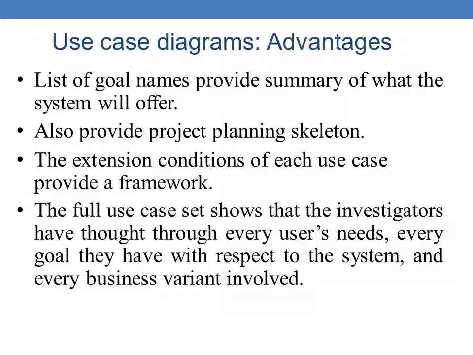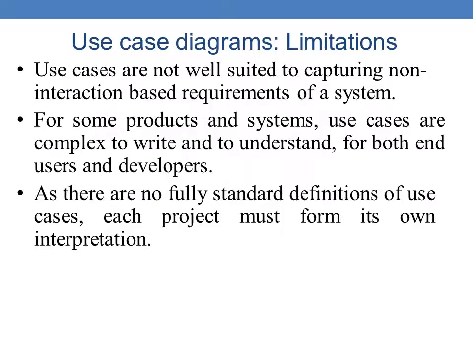These are all the advantages. We can see a full view of that particular system. In the same way, the project planning skeleton view can be shown, and the visual representation is easy to understand through that particular system. These are all the advantages.